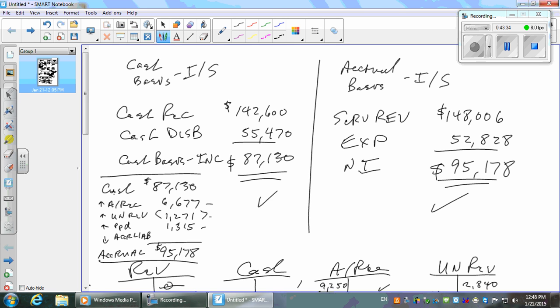So if I have less expenses, I have more net income. Okay, the accrued liability went down, so how much is that? 156. Yeah, and that's more income too, isn't it? That's true. If you take 87,130 plus 6677 less 1271 plus 1315 plus 1327, what do you get?